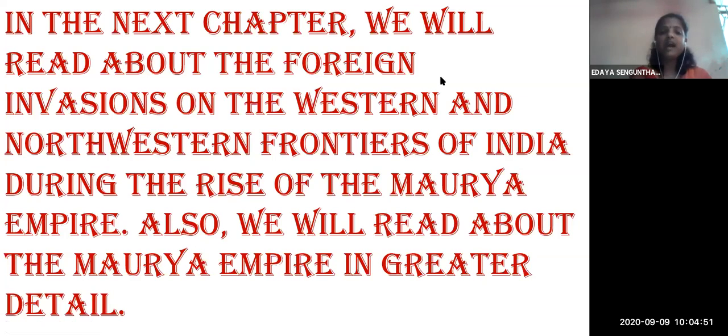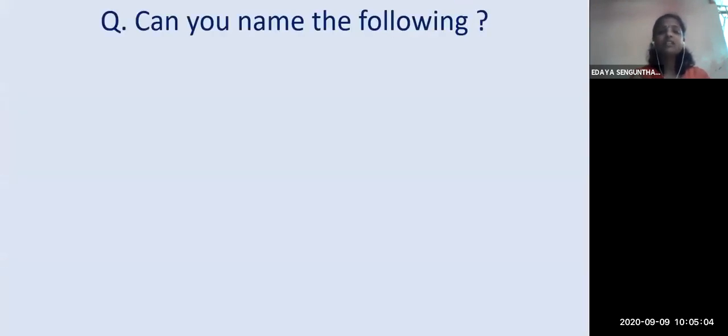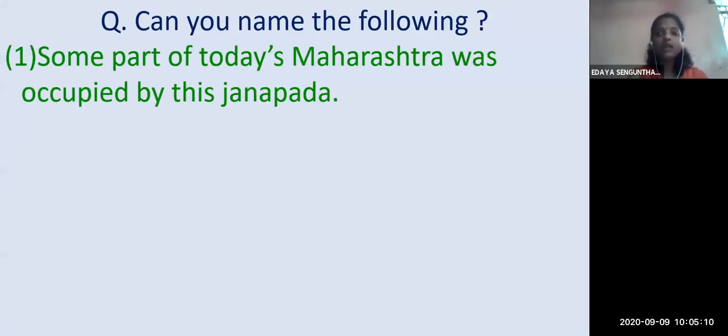Now, can I ask a few questions to you? Are you all ready, or do you have any doubt? You can ask. No doubts? Okay. So we will go to questions. You have to name the following. Some part of today's Maharashtra was occupied by this Janapada.